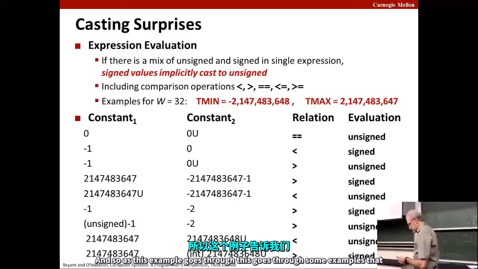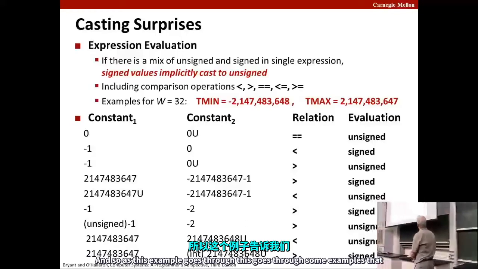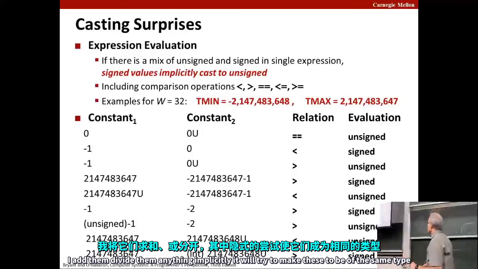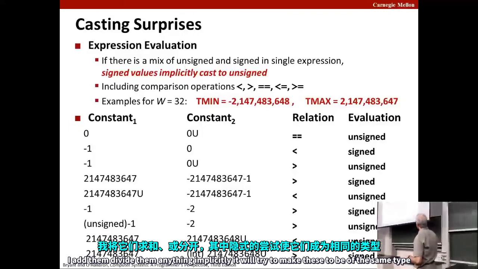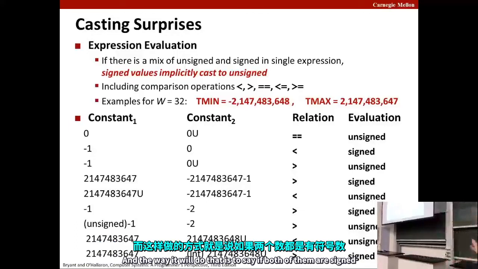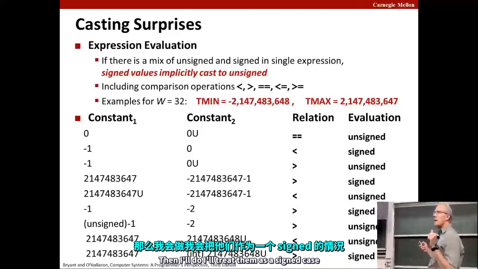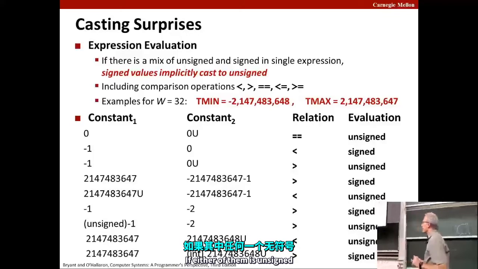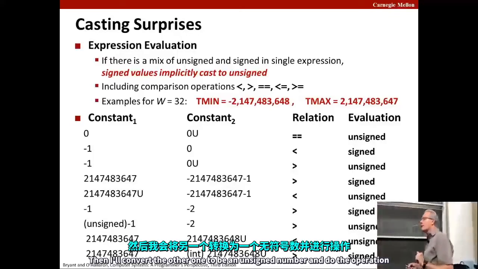As this example goes through, if I look at two numbers and compare them, or do any operation on them, add them, divide them, anything, implicitly it will try to make these two be of the same type. If both are signed, I'll treat them as signed. If either of them is unsigned, I'll convert the other one to unsigned and do the operation.